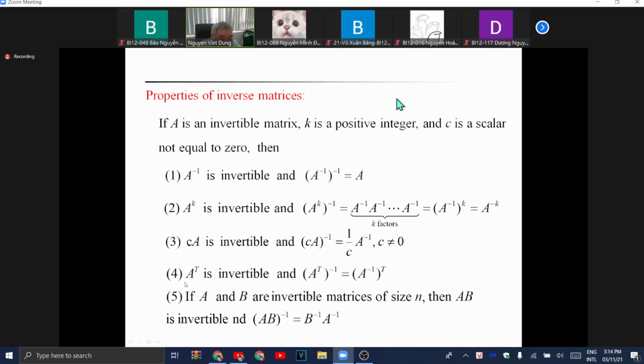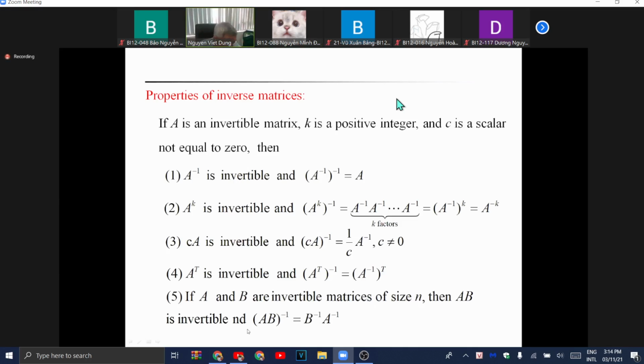The next property says that if A is invertible, then the transpose of A is also invertible, and the inverse of the transpose of A is exactly the transpose of A inverse. You can verify it by yourself.